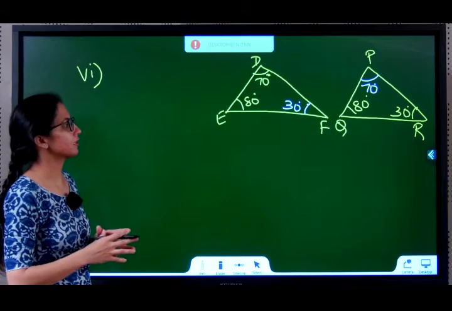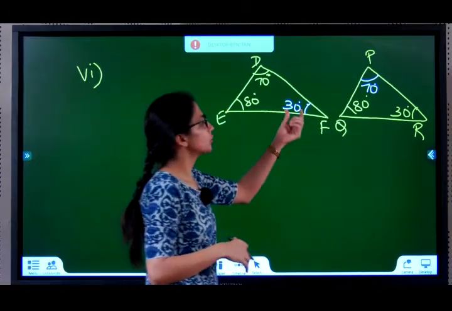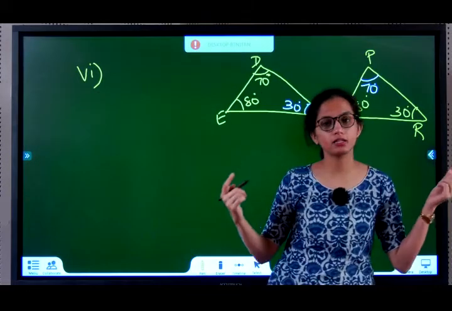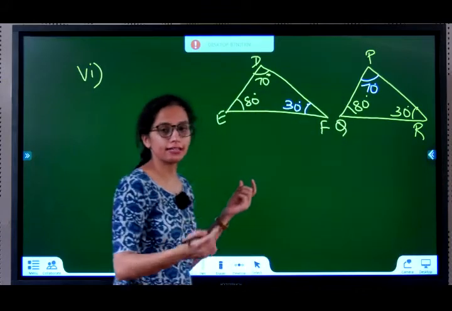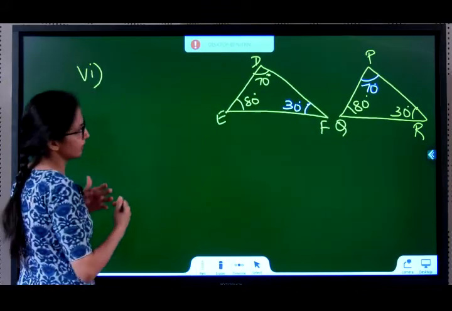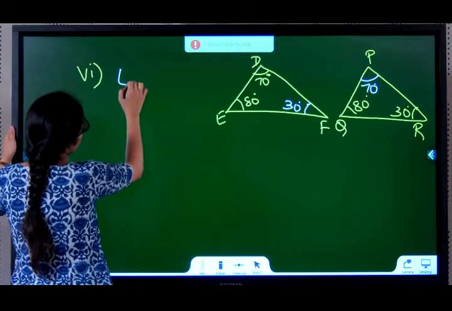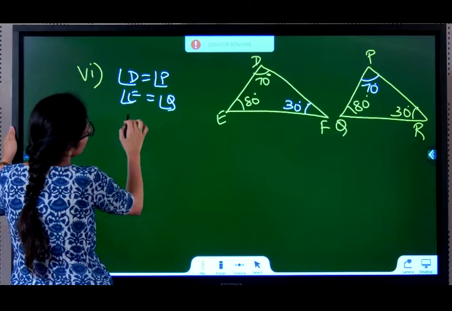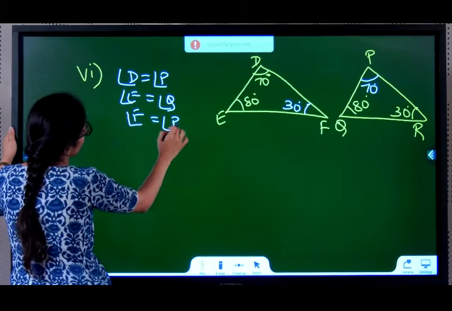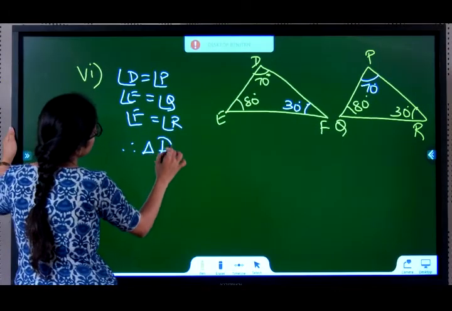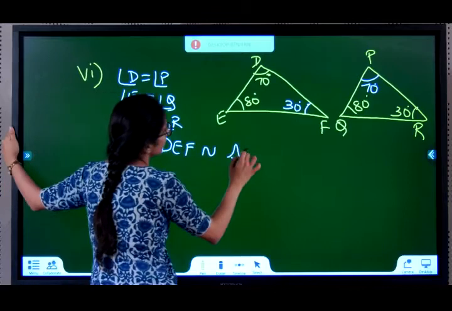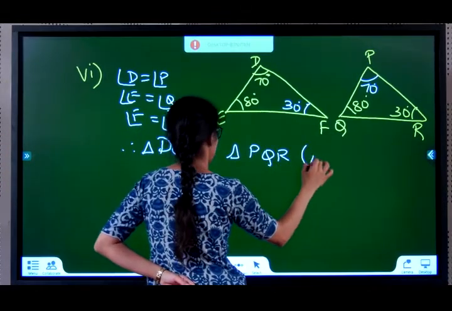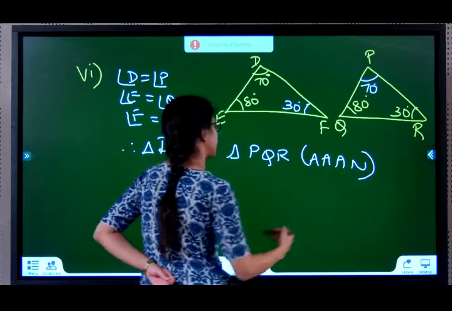Oh, the order is also the same. So, just by looking at the figure, you simply can't say it's not similar. You have to analyze it, see if the angles are equal using angle sum property. So, directly write down angle D equals angle P, angle E is equal to angle Q, angle F is equal to angle R. Therefore, triangle DEF is similar to triangle PQR, AAA similarity criteria.